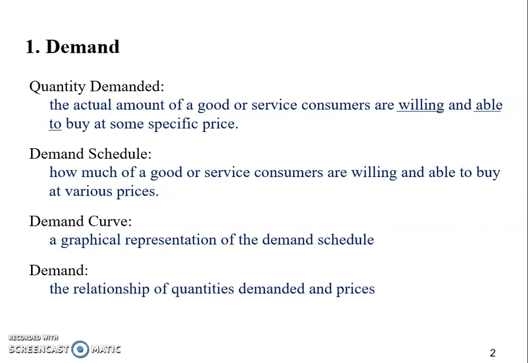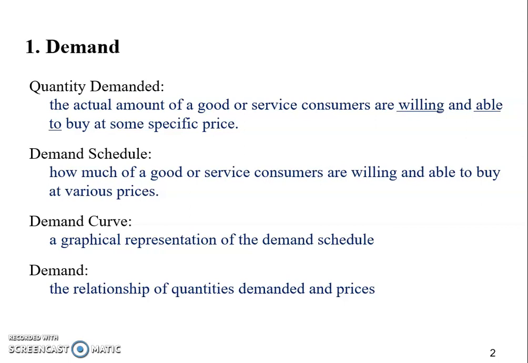The last one on this slide: demand is a relationship between quantity demanded and prices. Here the most challenging point is the difference between quantity demanded and demand. Students often get confused between these two. Here is a pretty easy way I would suggest to understand this.